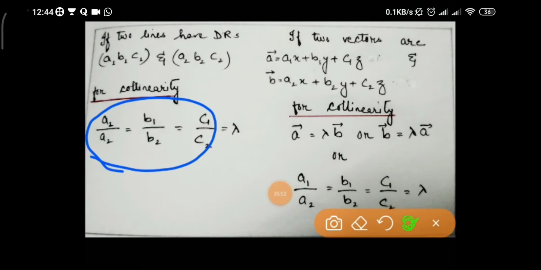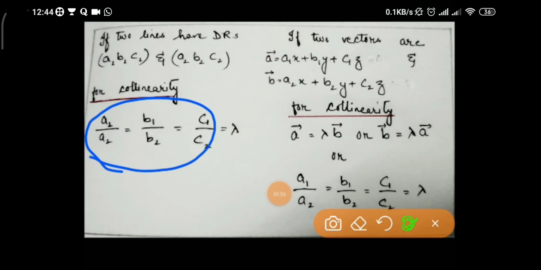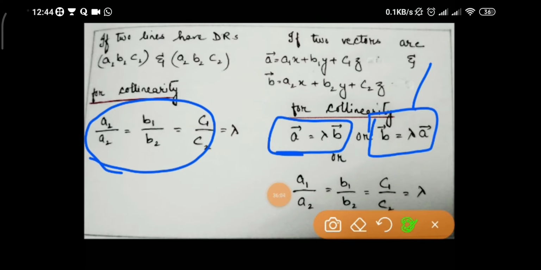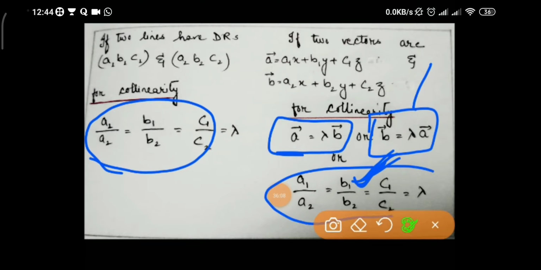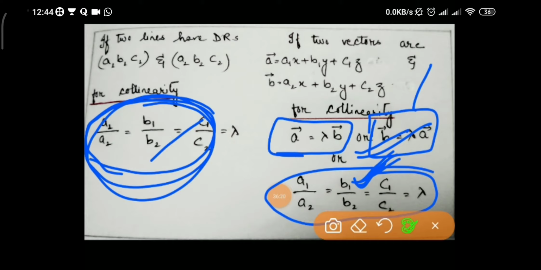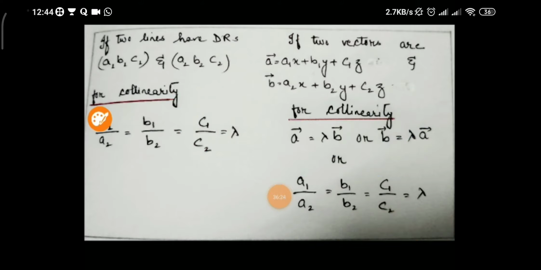And in vectors also, let's recall, for collinearity we proved A is lambda times B, or B is lambda times A. We can prove by this also. This will prove the two vectors are parallel, and this will prove the collinearity, so you should not be confused. Here in lines, we will prove this, as well as show one point is common. Now with this, let's start the exercise.